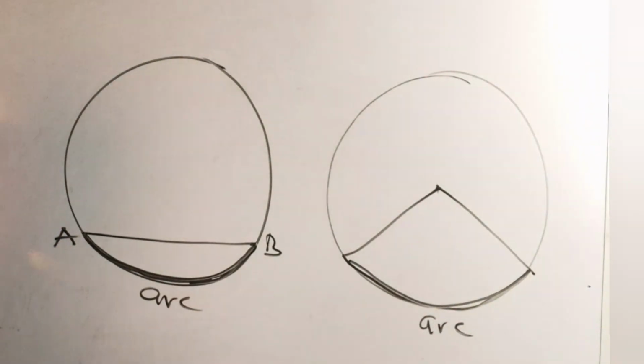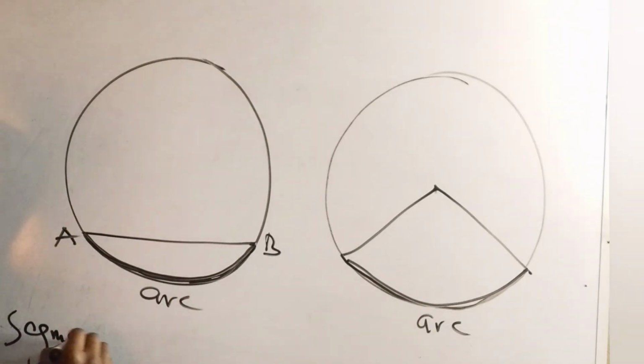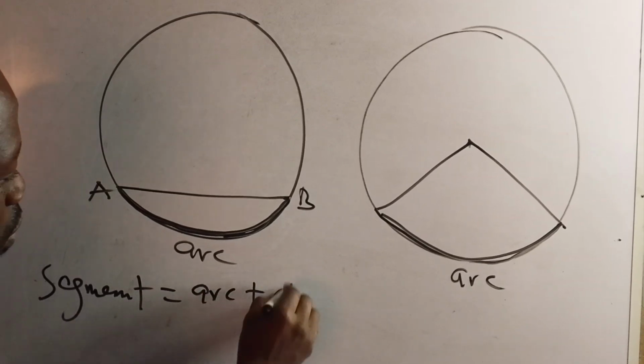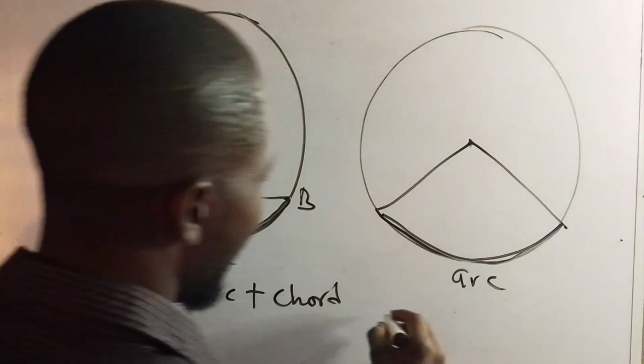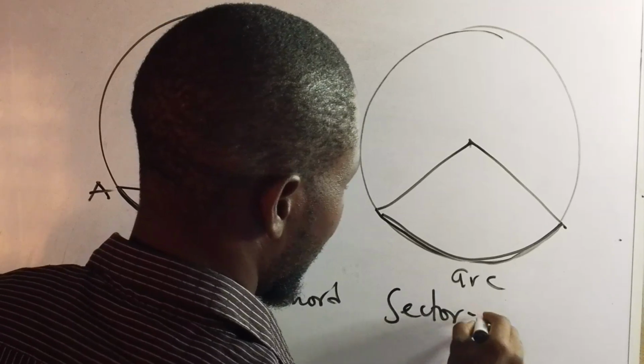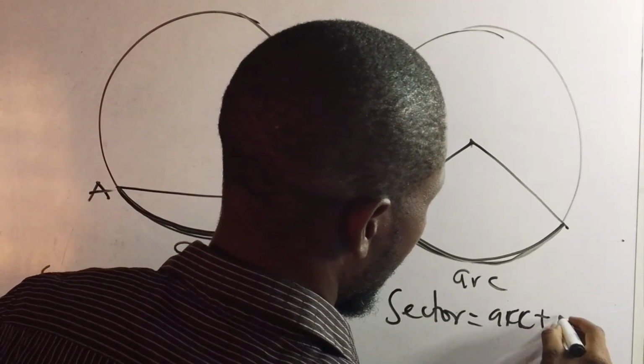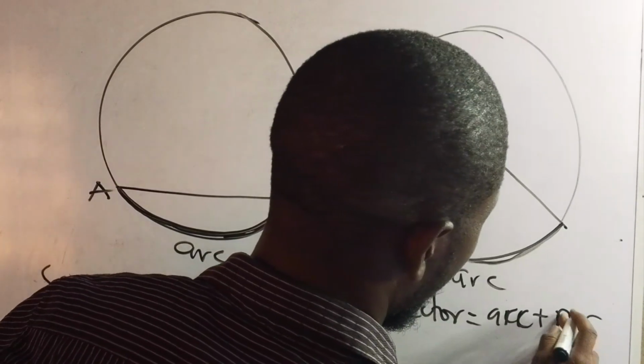Now, in this arc, you can see that this is a segment, arc plus chord. Here you have sector, arc plus two radii.